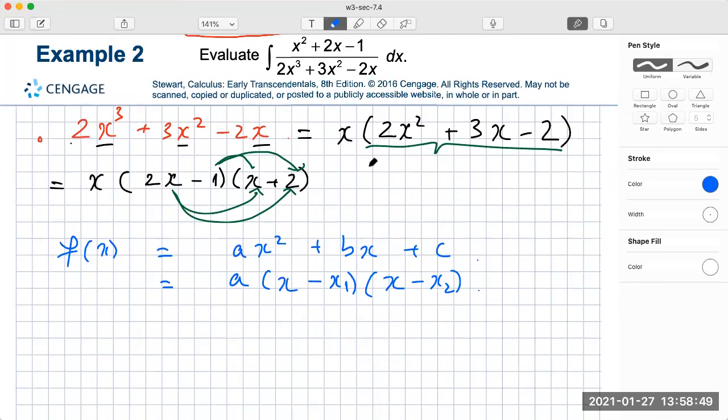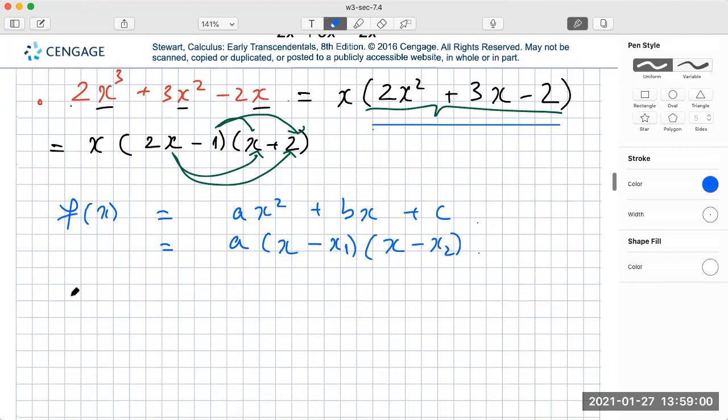So now take a look at this quadratic function here. A in this case is 2, B is 3, C is negative 2, right? So the discriminant of this polynomial, we call it D, is this formula, right?